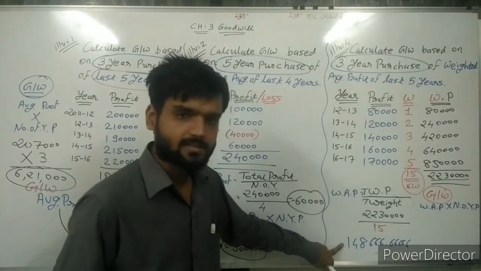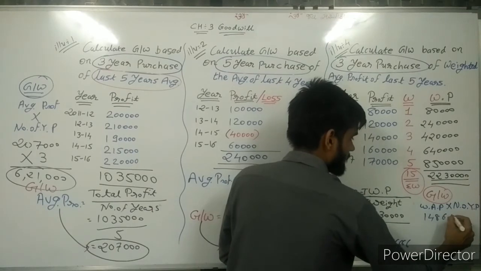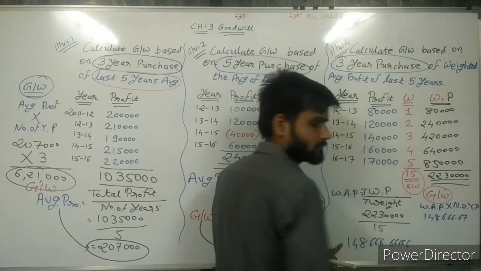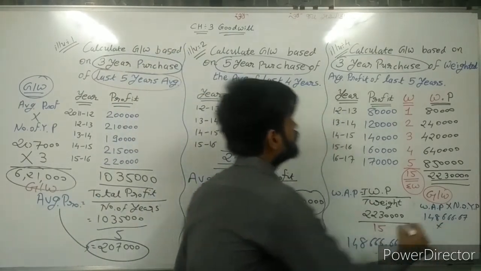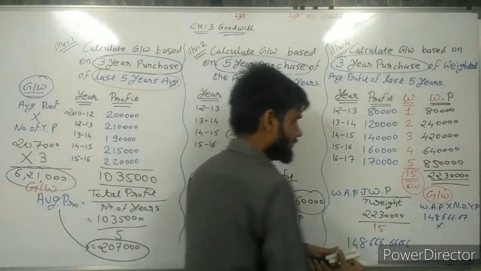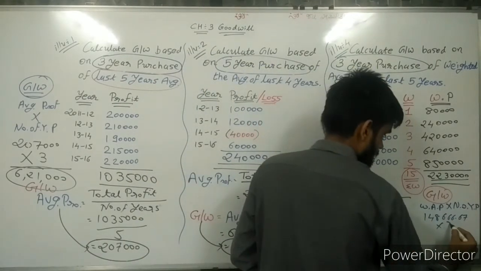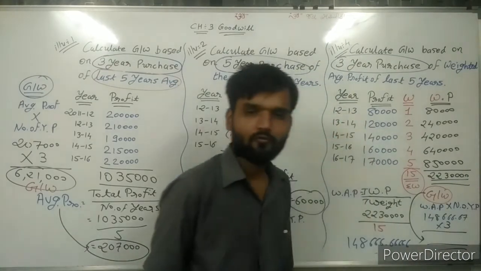Sir, weighted average profit is this, 1,48,666.67; we can round it off. And then multiply with the number of years. The 3-year purchase information is given, so multiply with 3. And then you can get the value of goodwill.